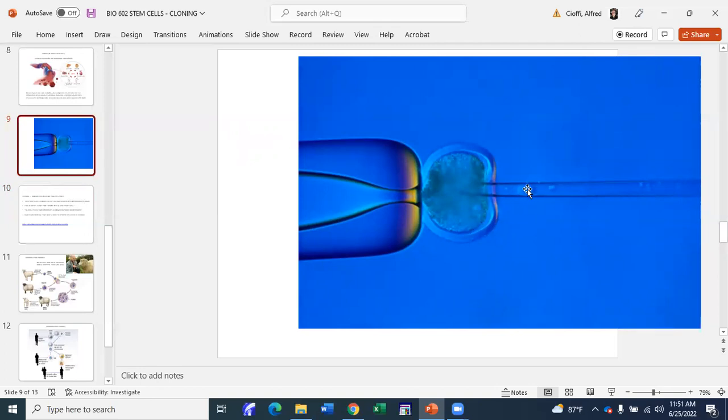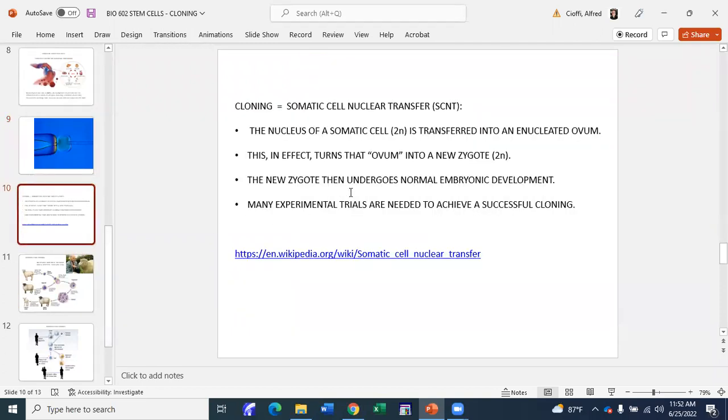You can see the somatic nucleus as the functional equivalent of the two pronuclei fusing during fertilization up to syngamy. Now we have a diploid nucleus in a cytoplasm that comes from an egg. So again, the regulatory factors are there. Okay, so it turns that ovum into a new zygote functionally.